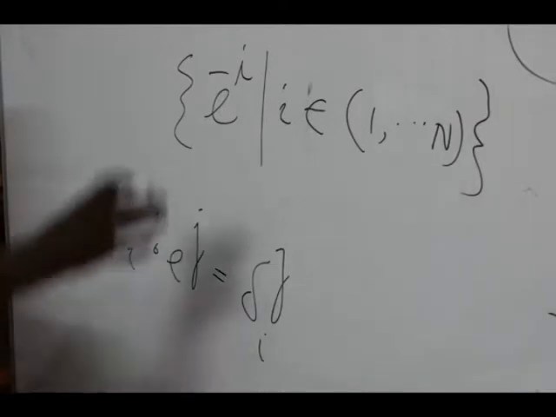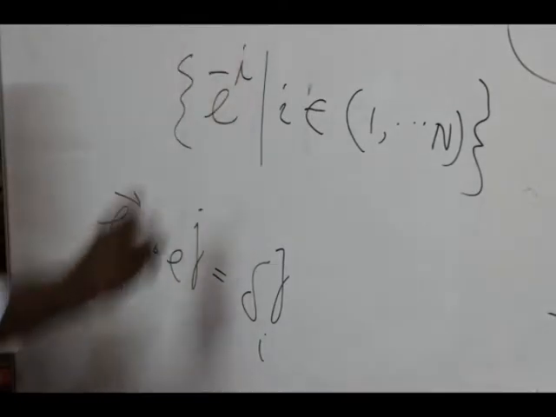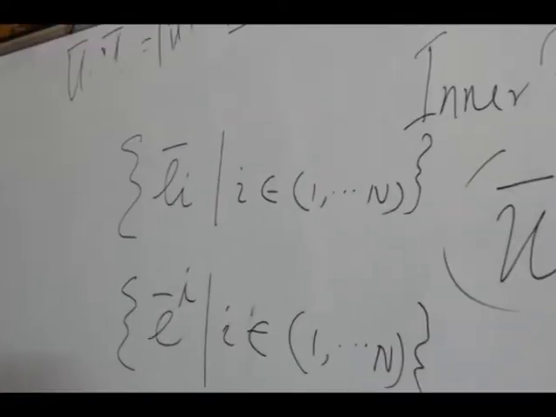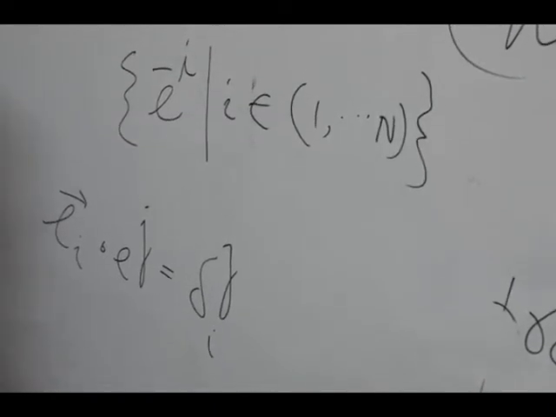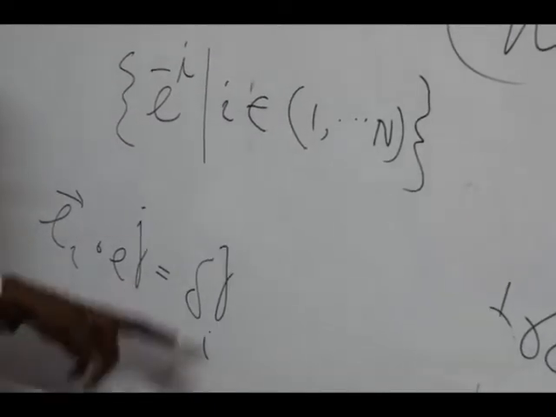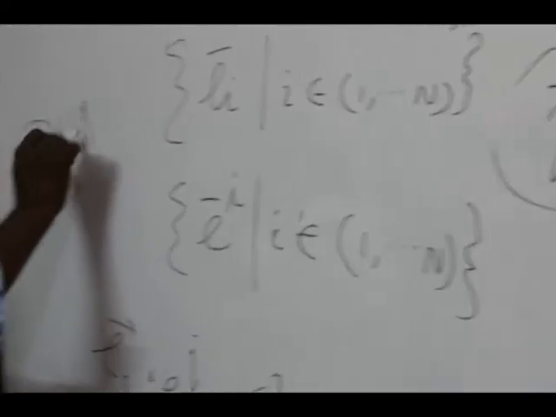So this is called the dual basis. It equals 1 if I is equal to J, and 0 if I is not equal to J. This is the dual basis or reciprocal basis.